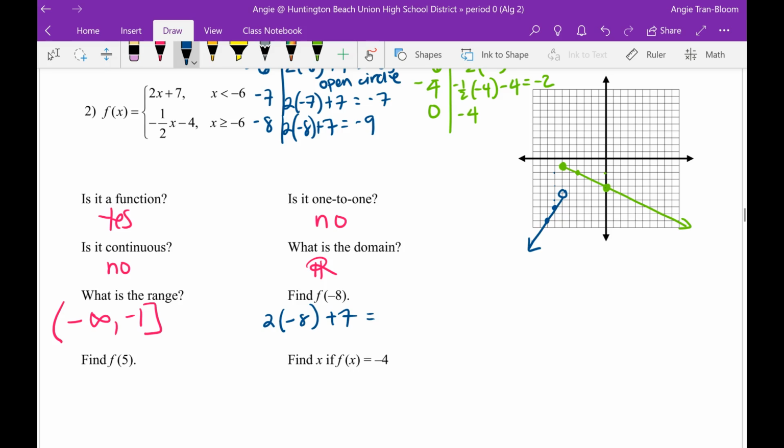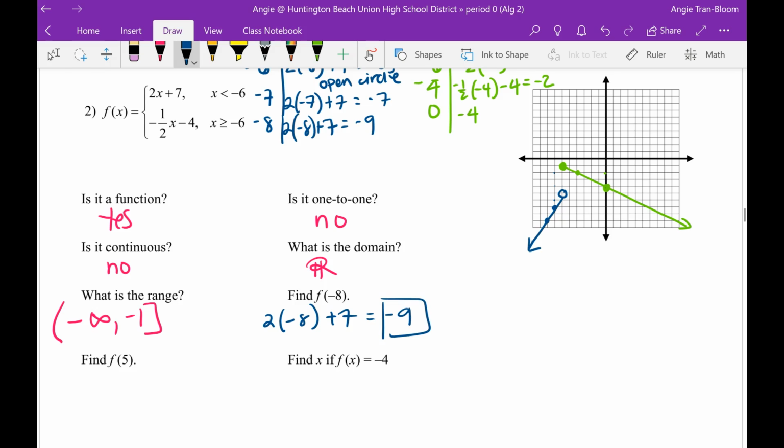So let's plug it in. Nicole F., can you tell me what that is, please? 0. Well, 2 times -8 is -16. Okay, -16 plus 7 would be -9. Much, much better. There you go, box that up.